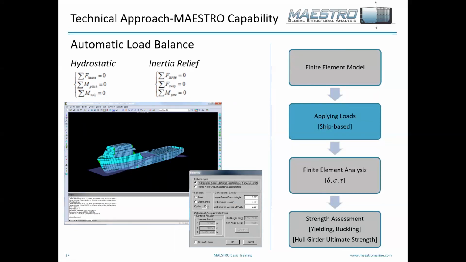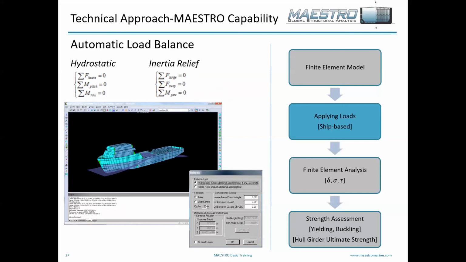Within Maestro there is the ability to run a quick hydrostatic balance, and it will iterate to find the sinkage, trim, and heel to find that equilibrium condition to put the model in balance, and then all of your loading curves, such as the vertical bending moment, shear, and so on, should all be in closure.